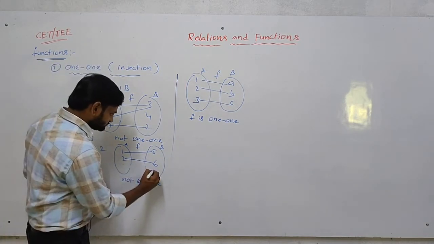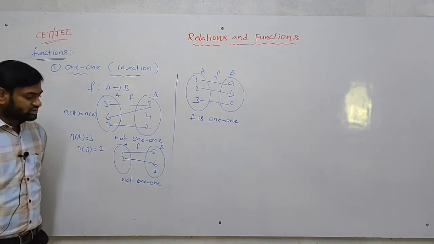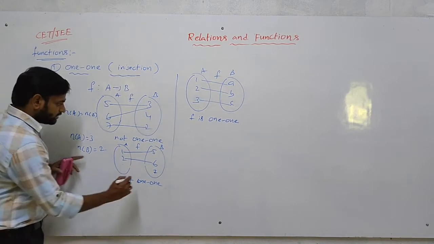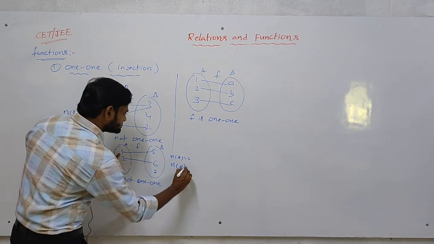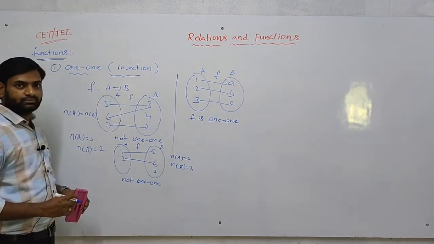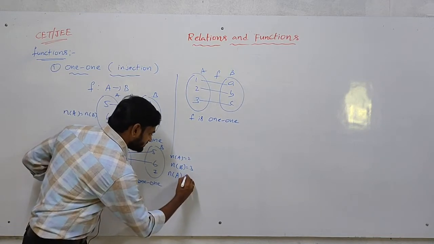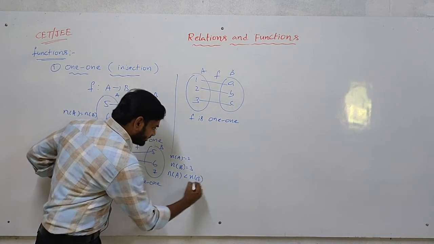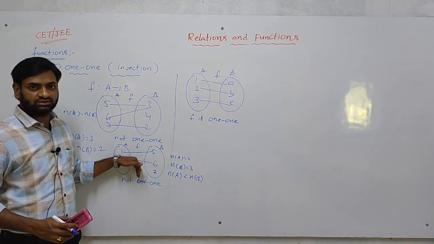Next, I am taking this one. Is it 1-1? Yes. Here, n of A is 2, n of B is 3. That means the number of elements in A is less than the number of elements in B. Then also it is 1-1.